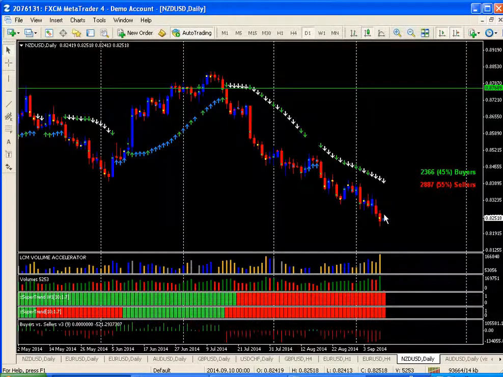Now if that's the case, then if we can't see where new selling is going to come into the market by an arrow below a bar here, we need to see where buying is going to leave the market. And that's going to be below the low of this bar.